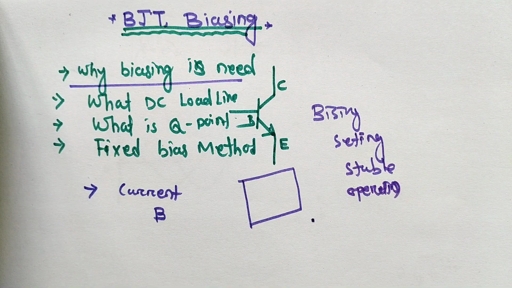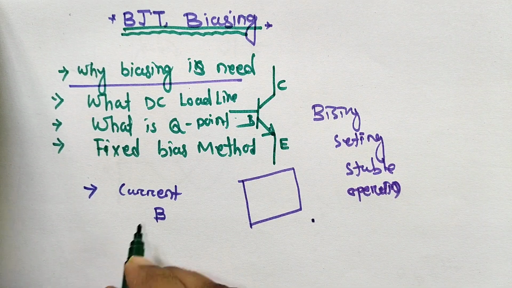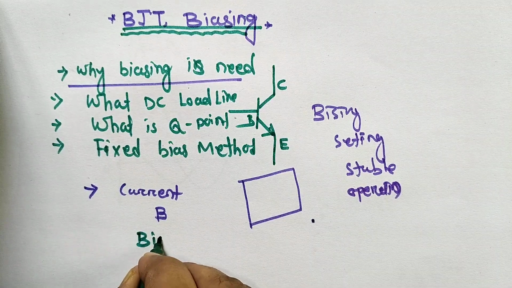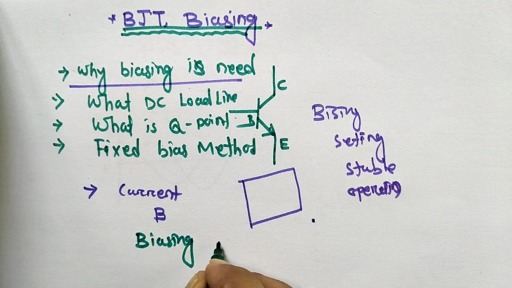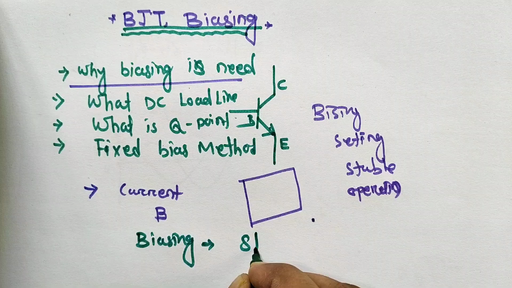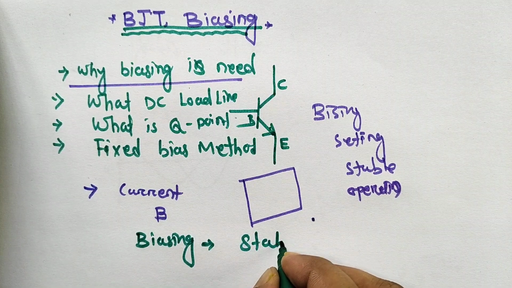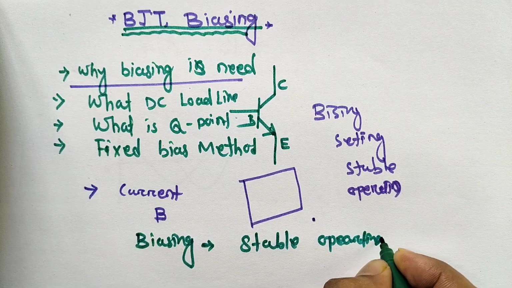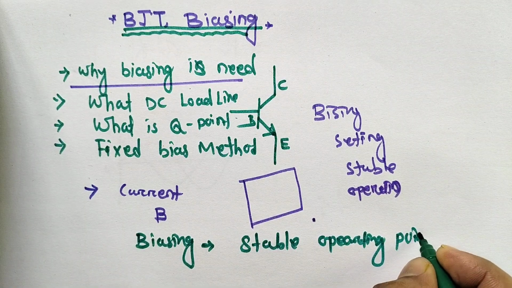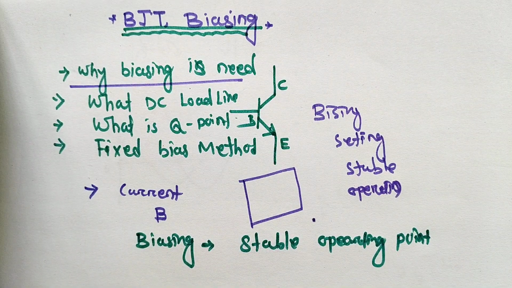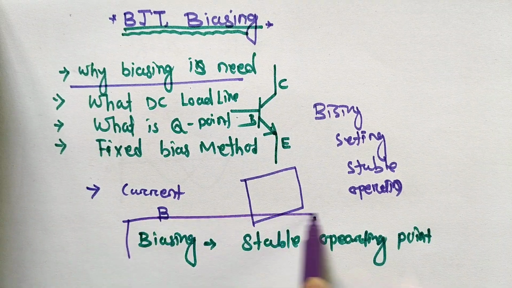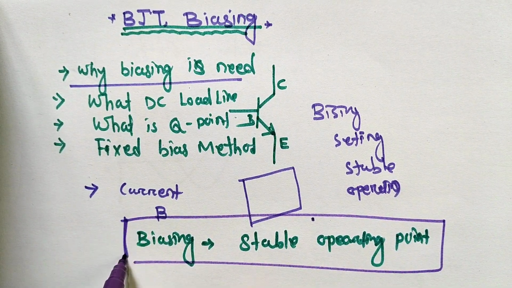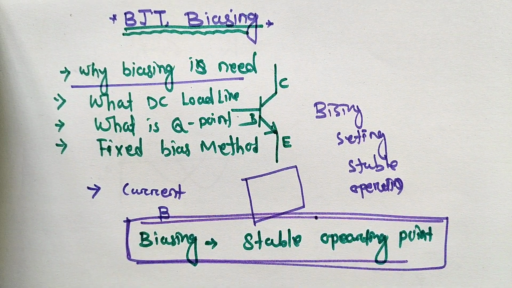You can say biasing equals a stable operating point. We are going to discuss what the operating point is: the stable operating point is called the Q point.